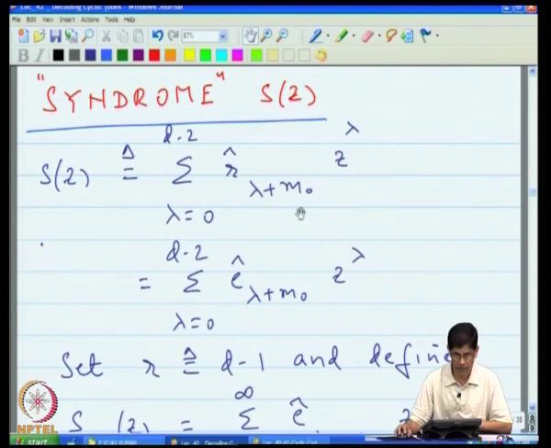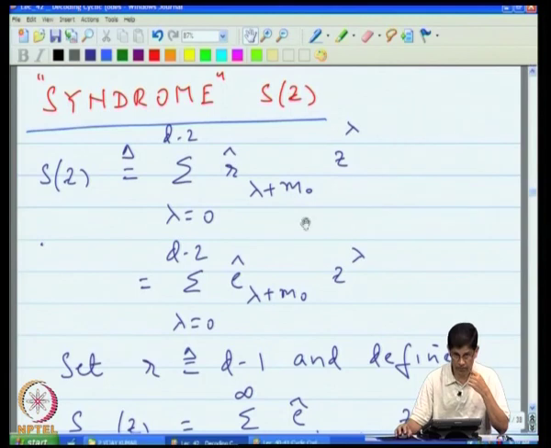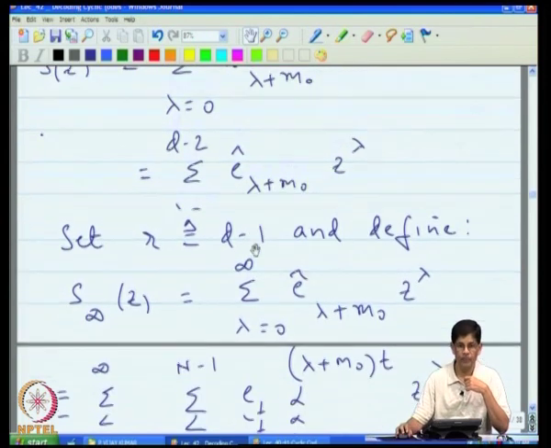So, this is kind of like a normalizing shift, with lambda going from 0 to d minus 2. So, this is precisely the collection of frequencies, m0 through m0 plus d minus 2, for which the transform of the received signal equals the transform of the error vector, where you know the transform of the error vector.